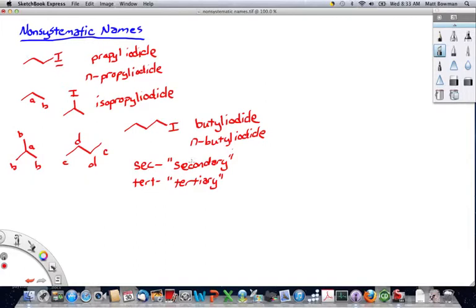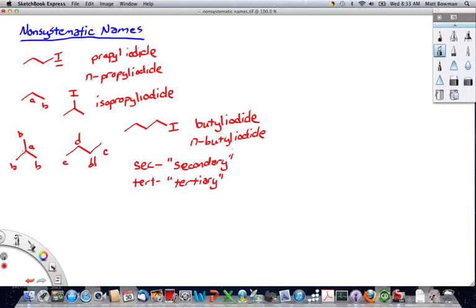What a secondary carbon is, is attached to 2 other carbons, directly attached to 2 other carbons. So we take a look at this. Carbon C is only attached to 1. Carbon D is attached to 2 carbons. That's a secondary carbon.